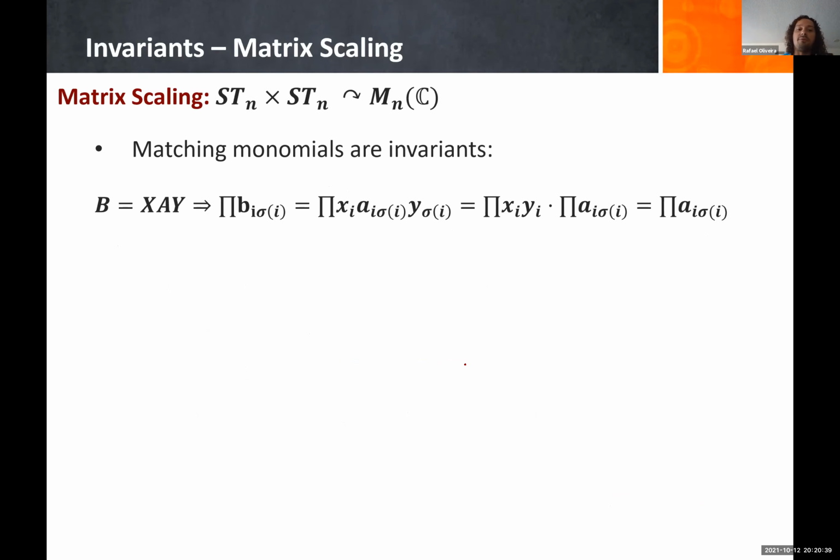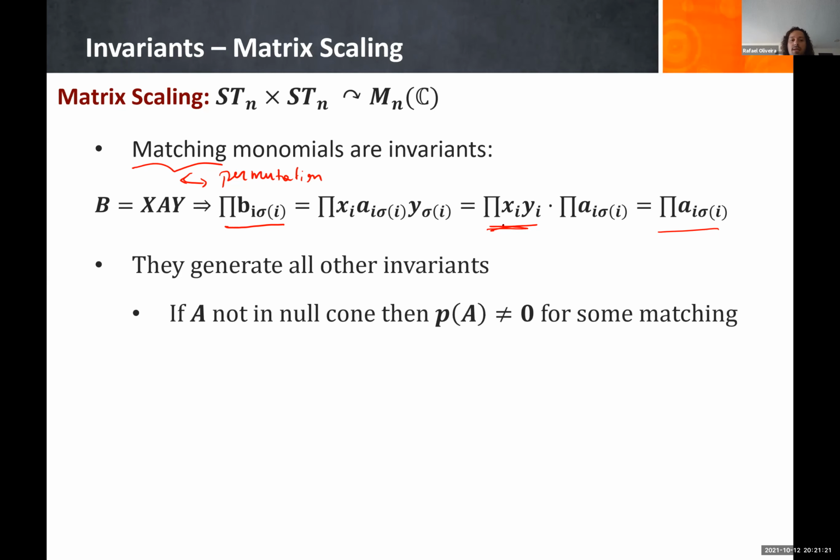Ankit showed that if I had this monomial, the product of B_{i,σ(i)}, where each matching corresponds to a permutation σ, and B is equal to XAY, then this monomial, which corresponds to a perfect matching in our bipartite graph, is equal to the product of A_{i,σ(i)}, just because we can extract this product of x_i, y_i. So this is the same calculation.